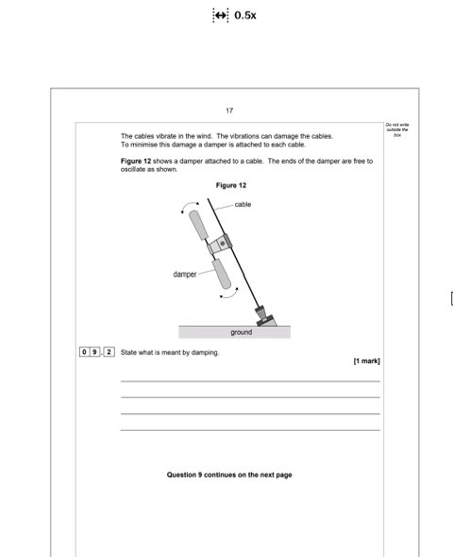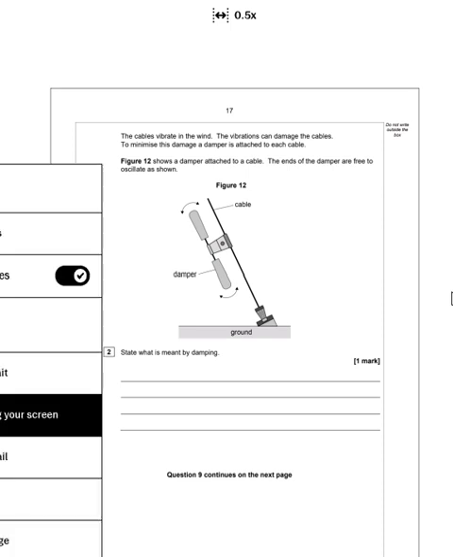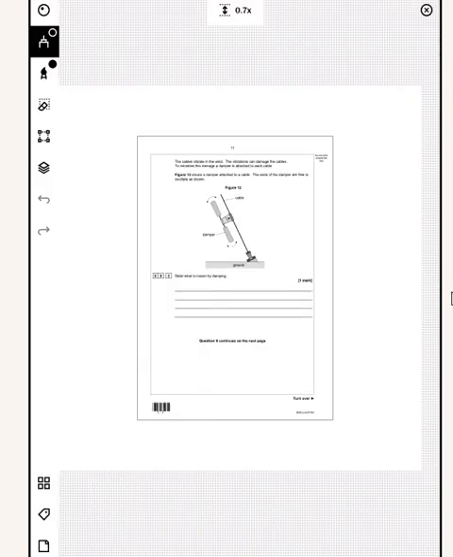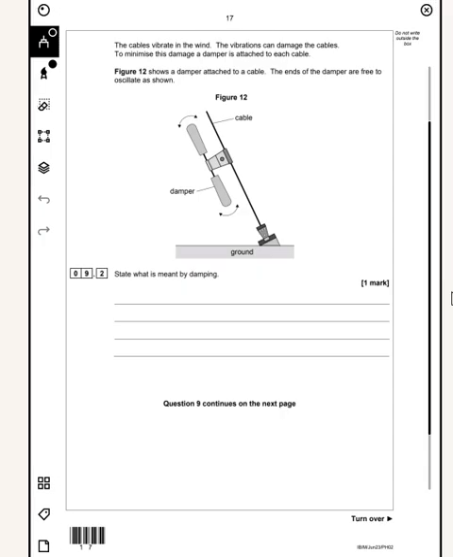The vibration can damage the cable. Let me just do one thing. Okay. The figure shows a damper attached to the cable. This is the damper. The ends of the damper are free to oscillate as shown. State what is meant by damping.